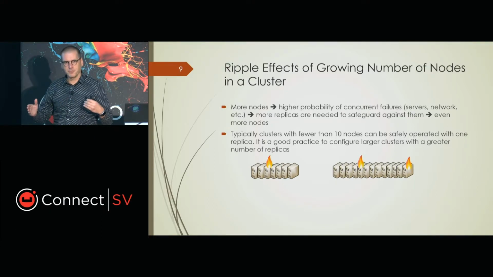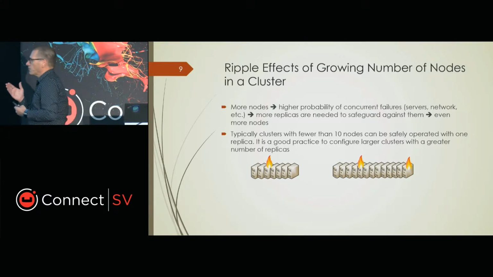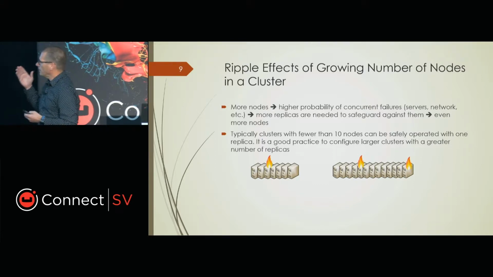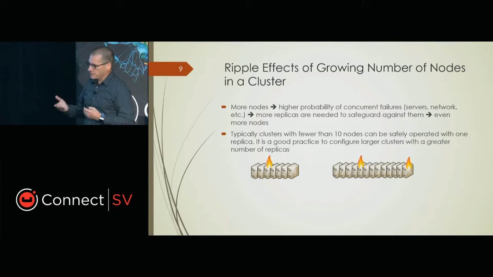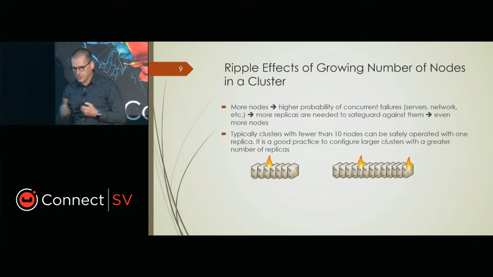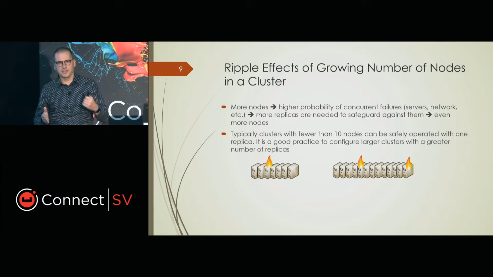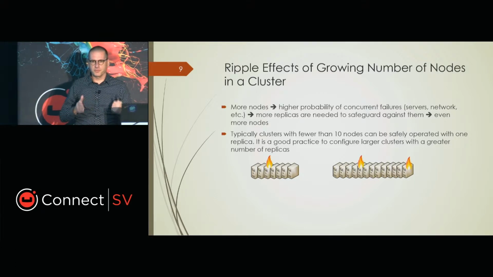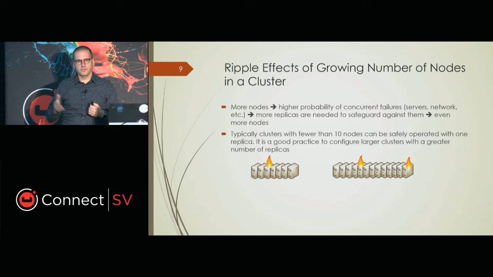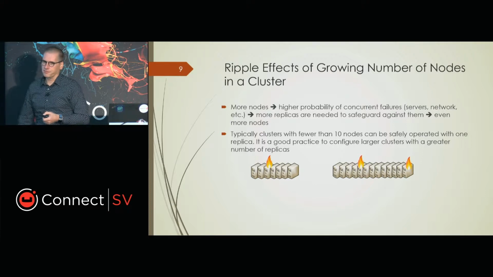Couchbase is horizontally scalable, but there are practical limits to that horizontal scalability. The recommendation was not really to go over 40 nodes. So we were having issues on how we would deal with that. One of the factors that increase the number of nodes is the fact that when you get over 10 nodes in a cluster, the strong recommendation is to make sure that you have 2 replicas rather than 1 replica to allow for multiple concurrent failures.